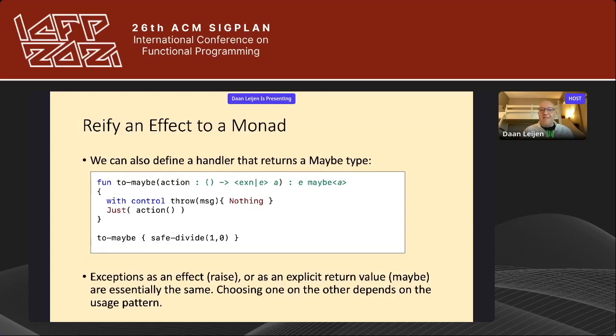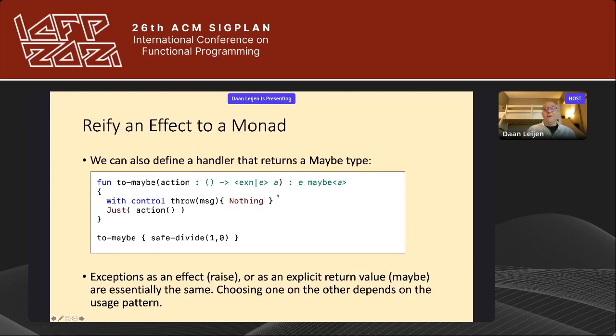They're not essentially different, and whether you use one or the other really depends on your usage pattern. If you want to abstract from it, you use effects, so you don't have to mess up your beautiful control flow. But if you really want to deal with how you compose the different exceptions, maybe you want to reify it first to a value and reason about it that way.